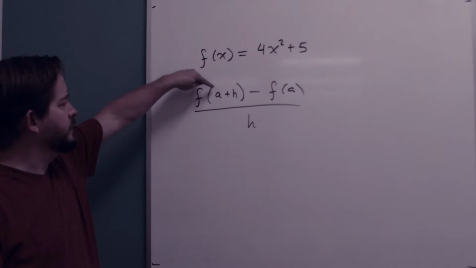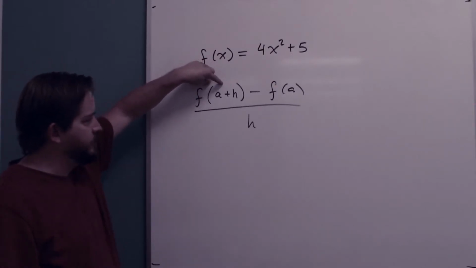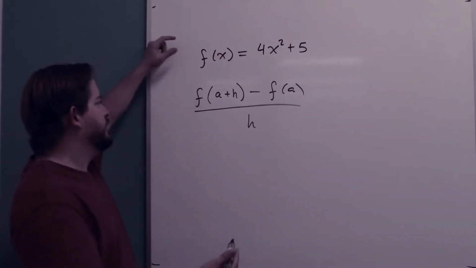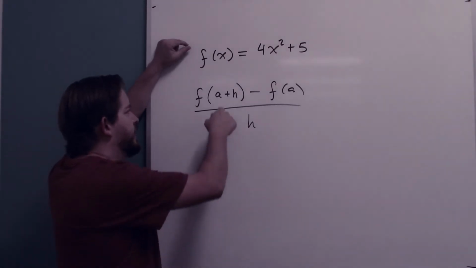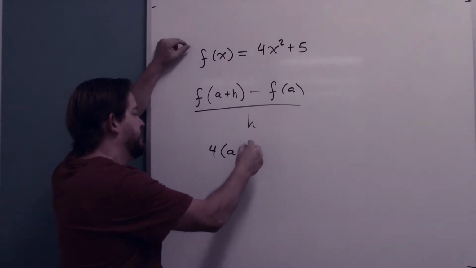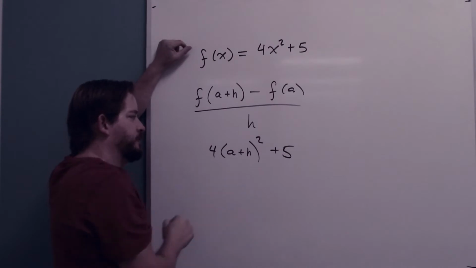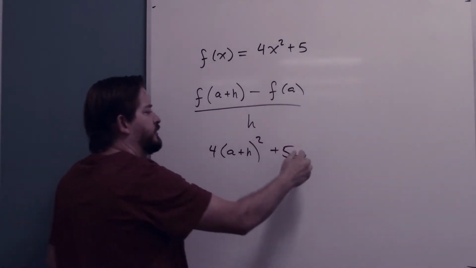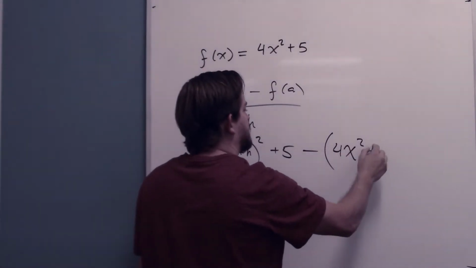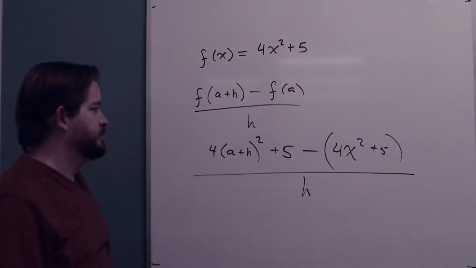For this function, in the homework we saw it's convenient to find out what f of a plus h is, find out what f of a is, and then take the difference. You don't really have to do that, you can do this all in one go. F of a plus h is just plugging a plus h in for the x value. So there's my f of a plus h. I'm going to subtract off f of a, so in parentheses I'm going to put 4x squared plus 5, and then that whole thing gets plopped over h.